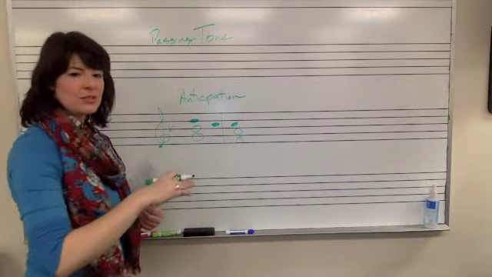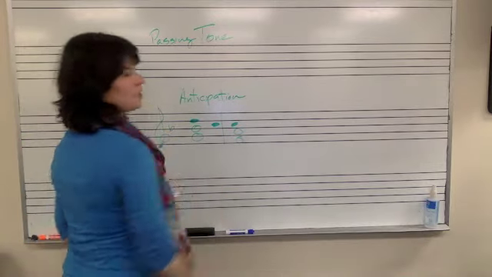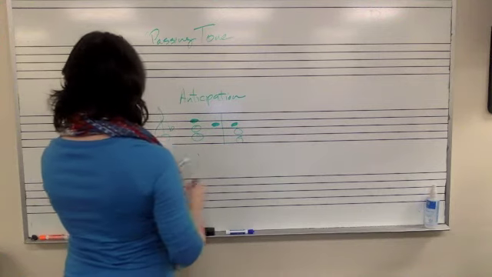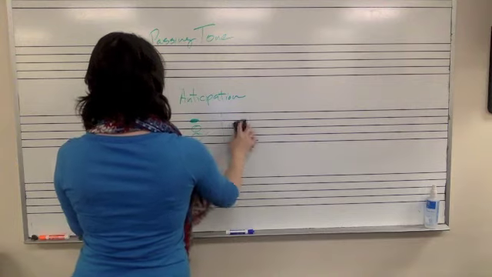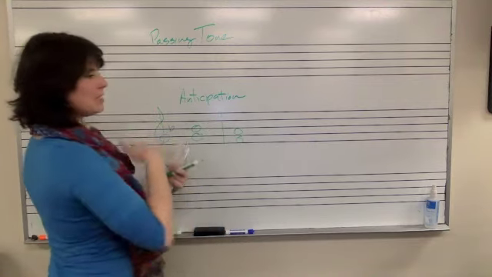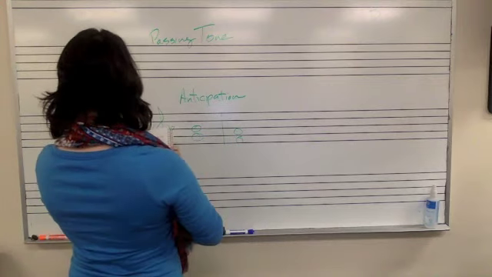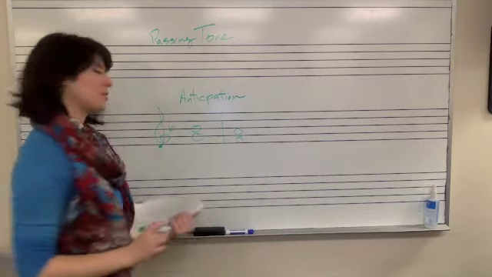Whereas suspensions and retardation hold over the old chord into the new chord. I guess that's a better way to explain it. And you can do this either by resolving up or down. Doesn't matter, as long as it anticipates the final chord. So it's sort of like the spoiler alert of non-harmonic tones.